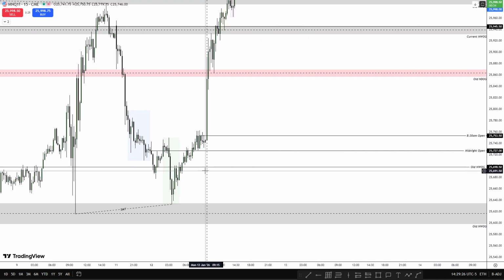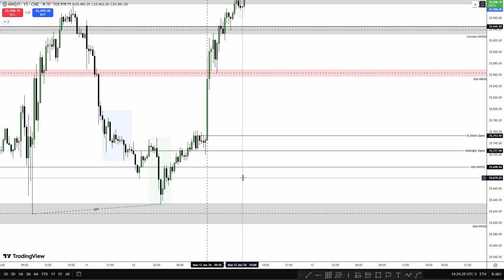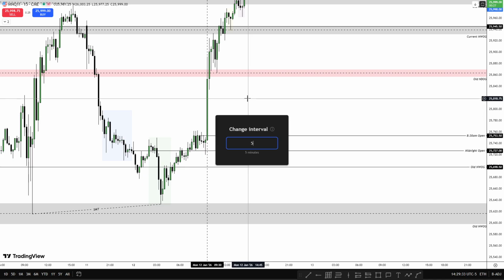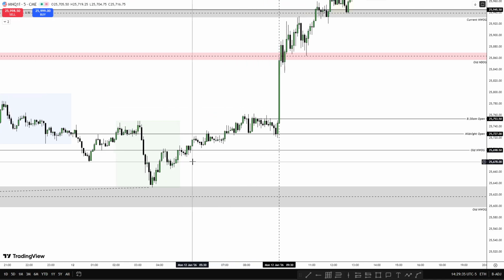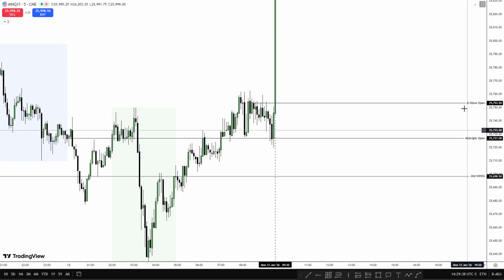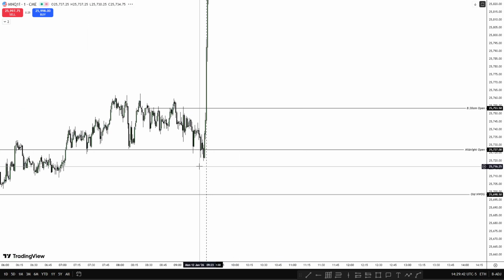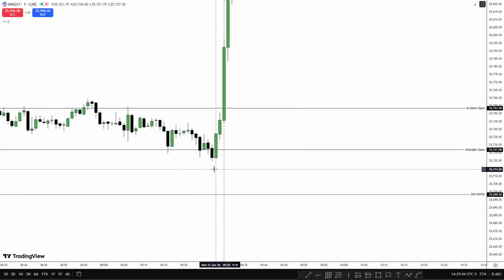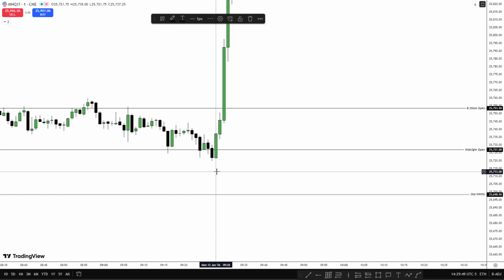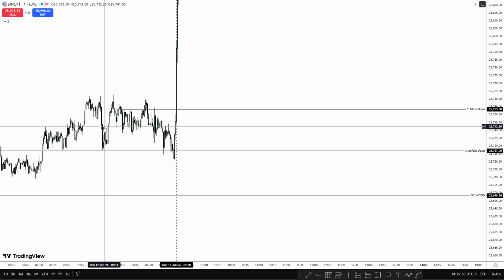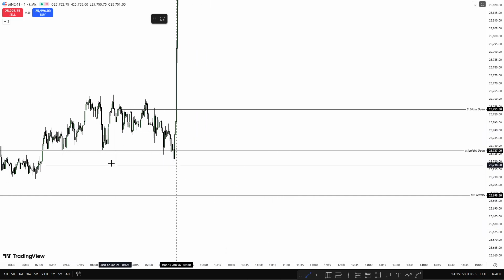The first thing I looked for in today's session was, if we go on the 5-minute time frame, you can see that price right before 9:30, at 9:27, manipulated below all this engineered sell side liquidity right here.